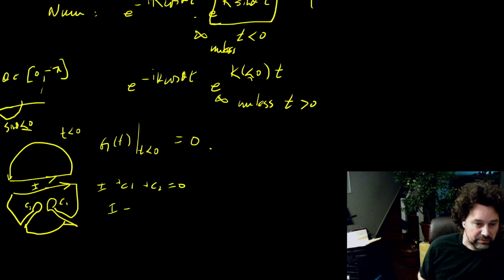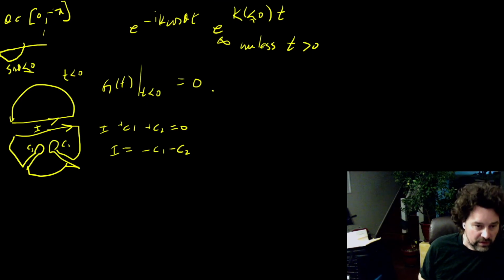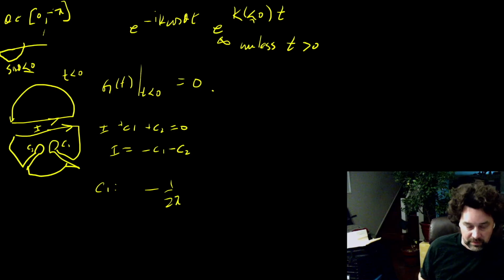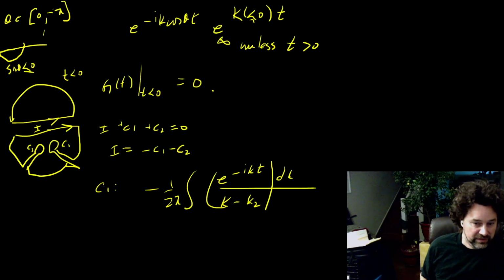So I is going to be minus the integral around C1 minus the integral around C2. Around C1, we have minus 2 pi times the integral of e to the minus ikt dk over k minus k2. There's our analytic function around k1, divided by k minus k1.